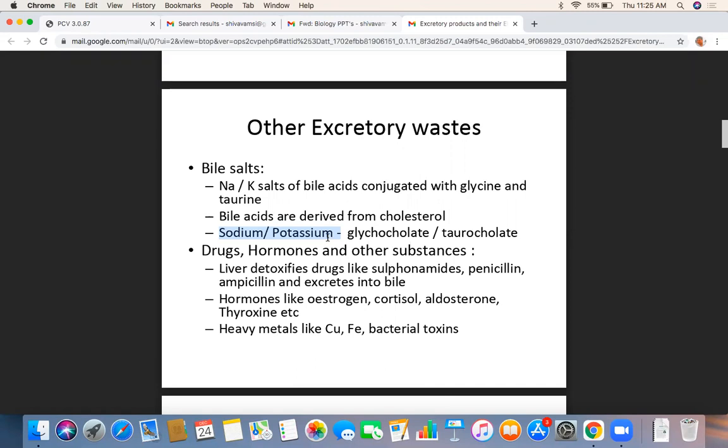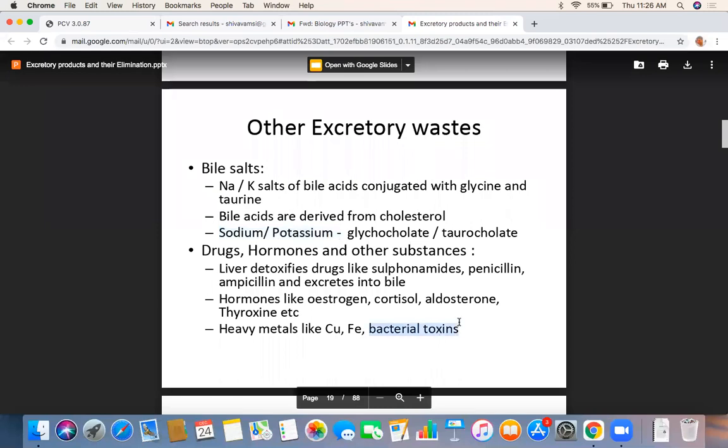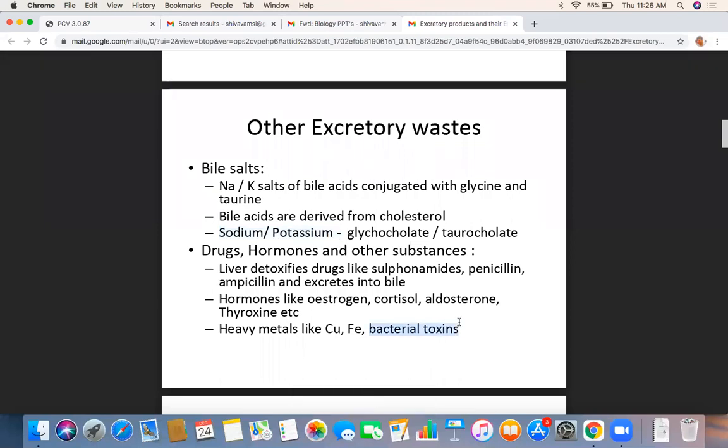Why is it so? Because it is detoxifying certain things, and then it is trying to put them out. So your hormones and all are also removed, and heavy metals like copper, iron, and bacterial toxins are also removed through your excretion.